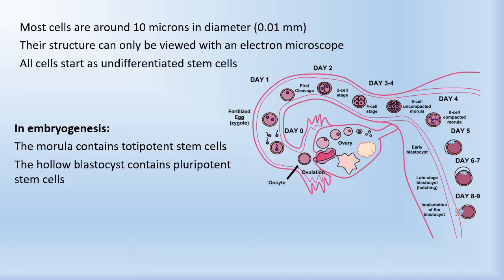Before implantation in the placenta, at around 7 days post-fertilization, the morula hollows out into a blastocyst containing pluripotent stem cells. These pluripotent stem cells can become anything but placental cells.